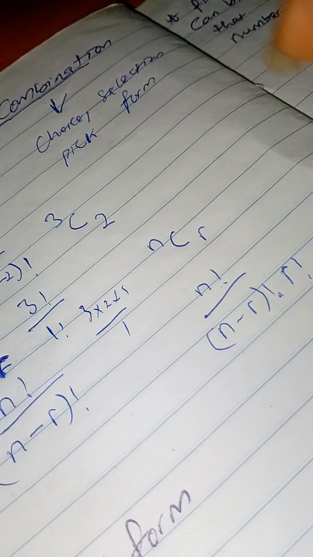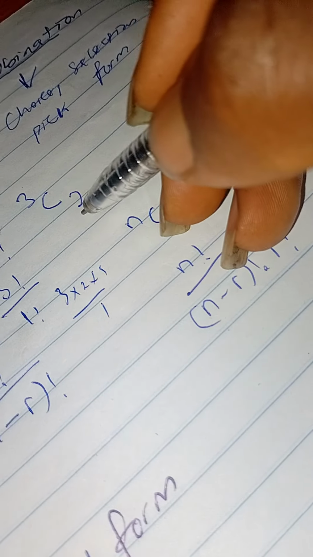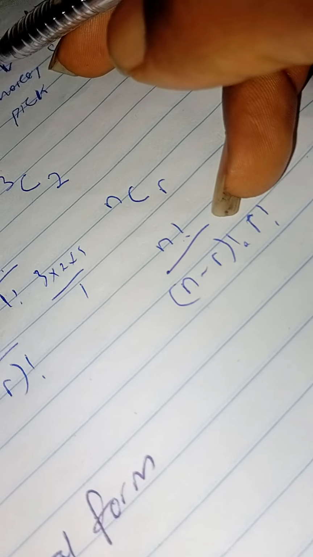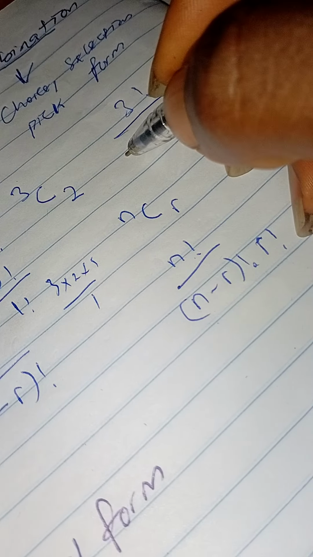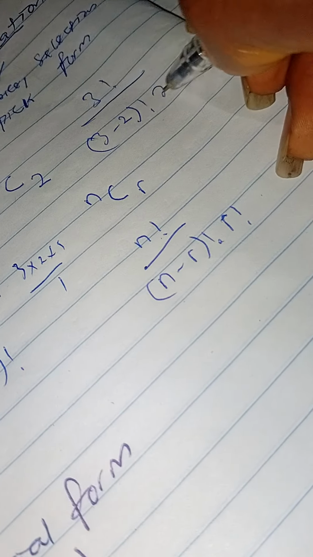That's it. For combination, 3 combination 2, because we want to choose two letters from 3 letters. So it's going to give us 3 factorial over 3 minus 2 factorial, 2 factorial.